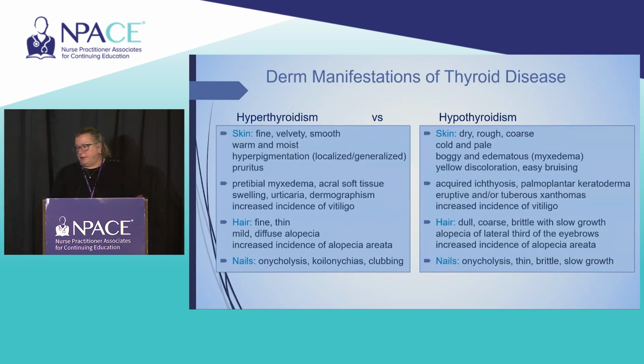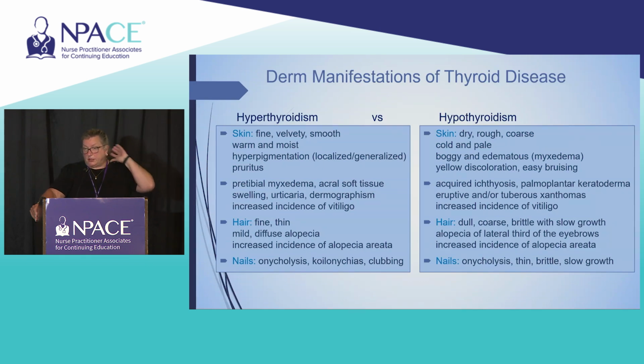We're all familiar with the fine, smooth skin and fine, thin hair in patients with hyperthyroid, and we're familiar with the dry, coarse hair and brittle nails and brittle hair and skin of patients with hypothyroid.